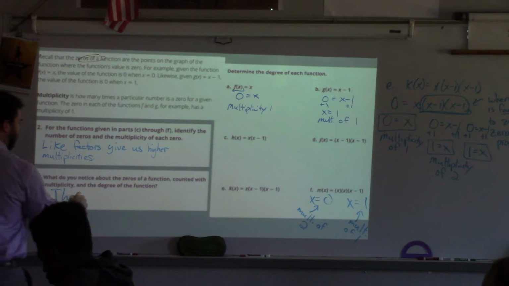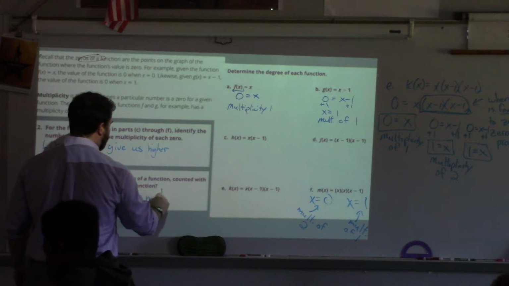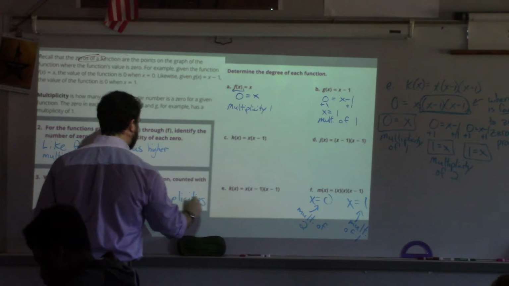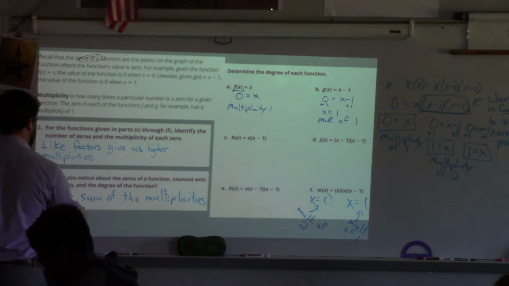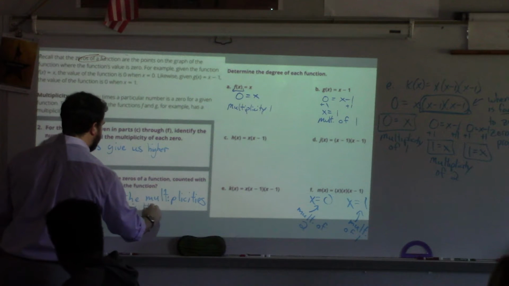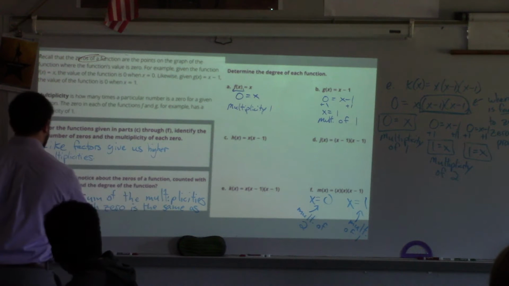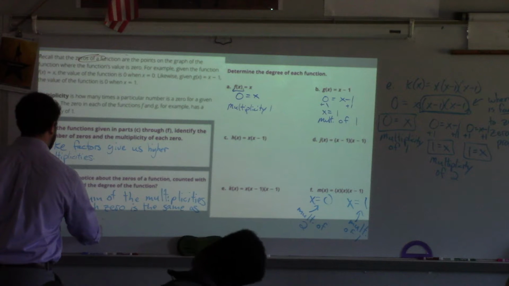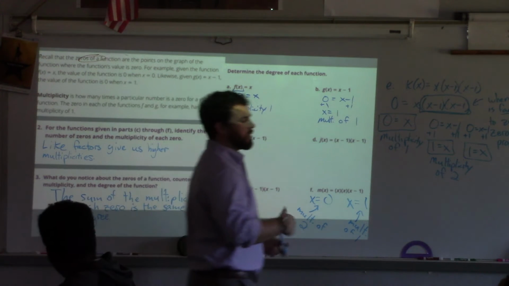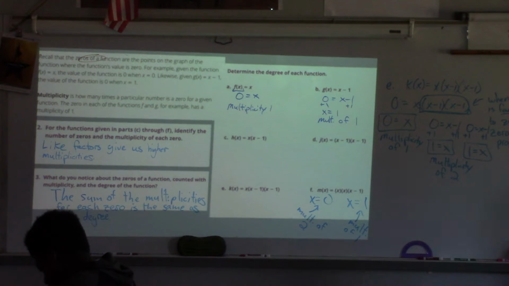So we want to say the sum of the multiplicities for each zero is the same as the degree. The sum of the multiplicities for each zero is the same as the degree. That is an important detail.